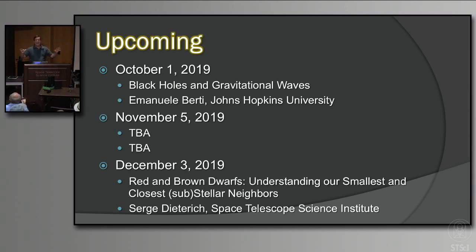You never try and ask people to commit to talks in August over summer break. Right, so now it's September, I can get their attention, and I'll be able to fill that one in. In December, we have a very long title, Red and Brown Dwarfs: Understanding Our Smallest and Closest Substellar Neighbors. This is understanding the stars around us that happen to be relatively small stars.